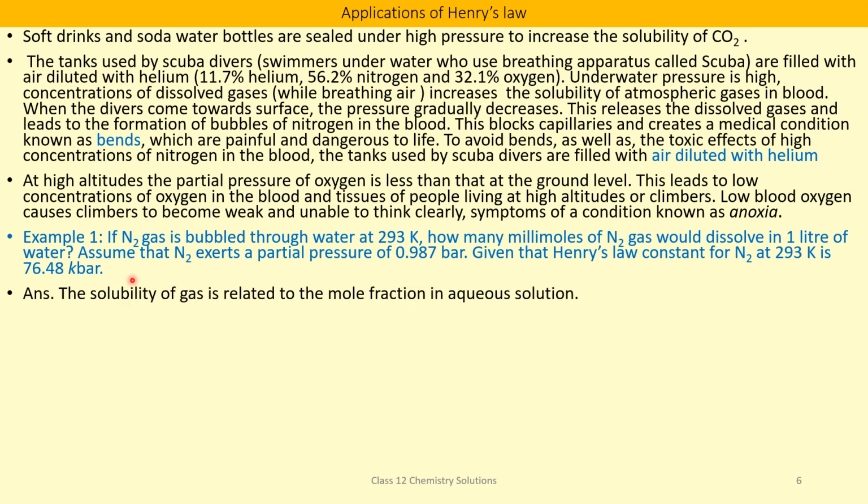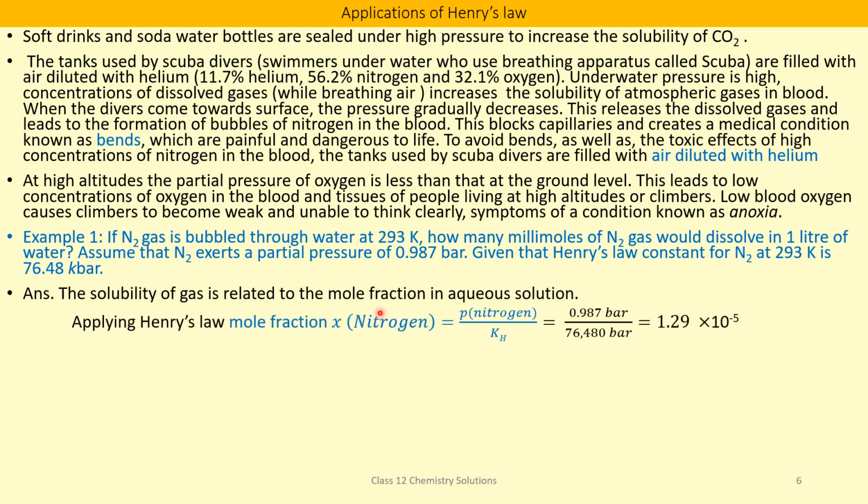The solubility of gas in terms of mole fraction in aqueous solution is given by Henry's law. Therefore, mole fraction of nitrogen is equal to partial pressure of nitrogen divided by Henry constant.